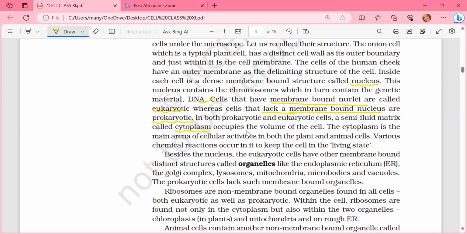Various chemical reactions occur in it to keep the cell in the living state. Mainly all the things that take place in the cell occur in the cytoplasmic area only. Why? Because cytoplasm is the main arena of all sorts of cellular activities, and this is true for both plants and animals. Is it clear to everybody?